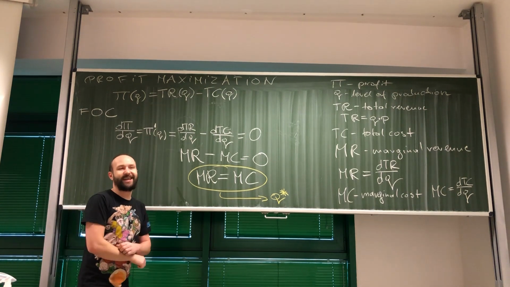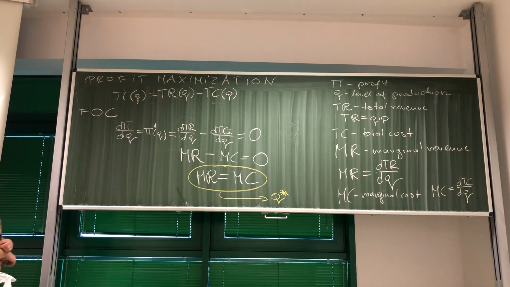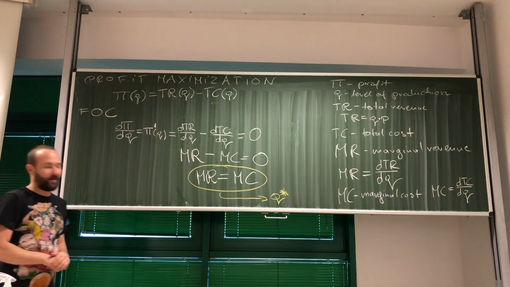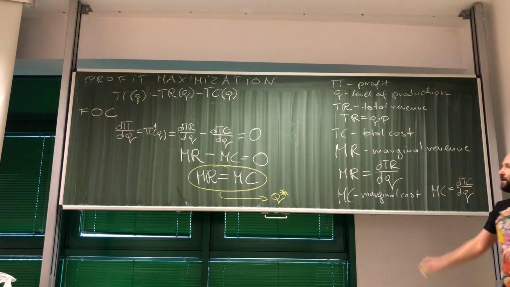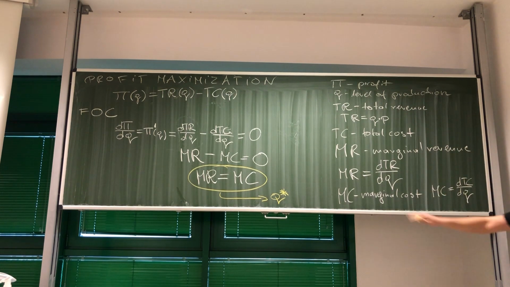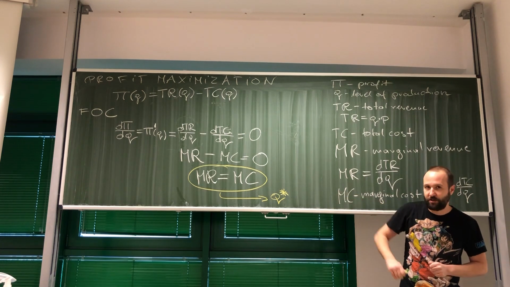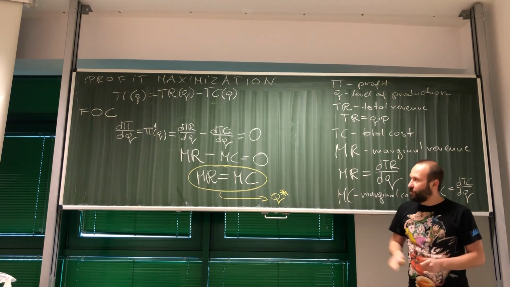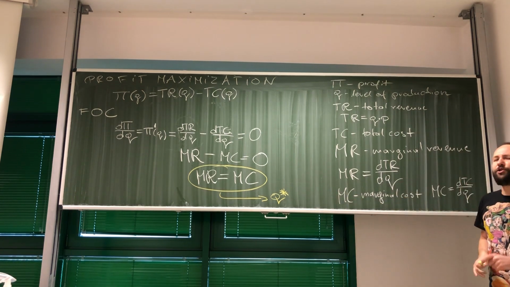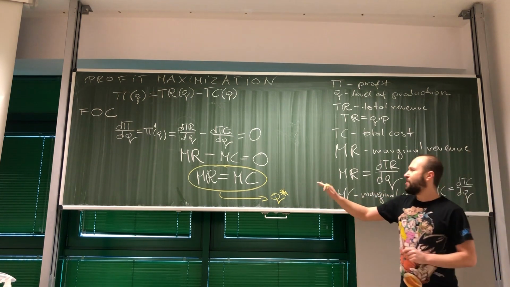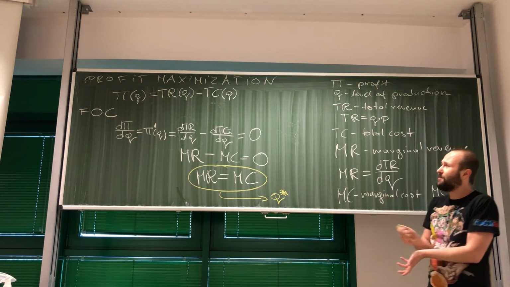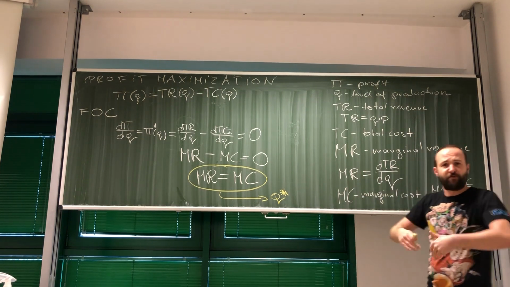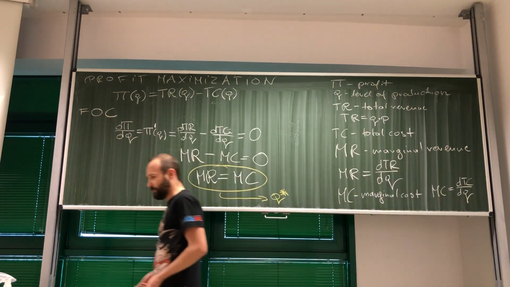But look, there is a catch to it. If the function is complicated enough, we might get more than one level of production that satisfies this condition. And at this moment, we do not actually know whether this is maximum profit or maybe a minimum profit, because the same first order condition is for both maximum and minimum.